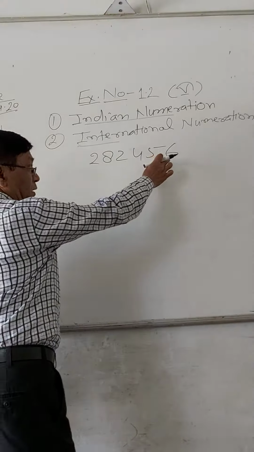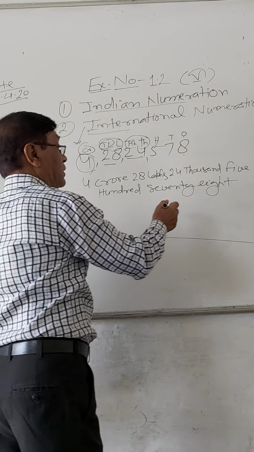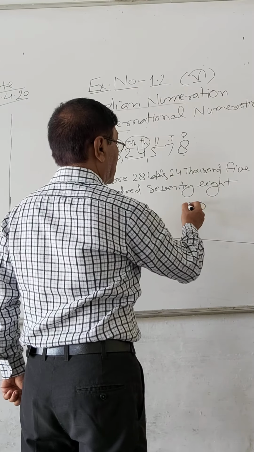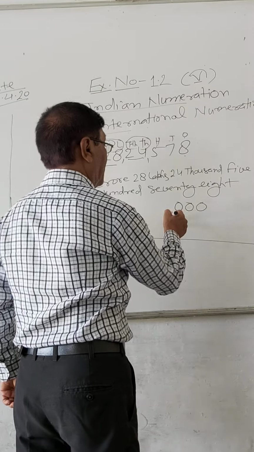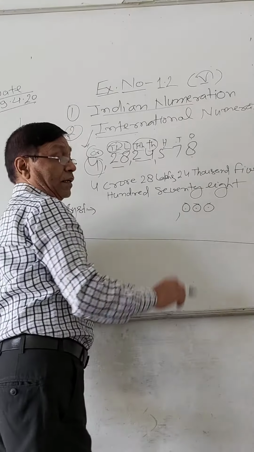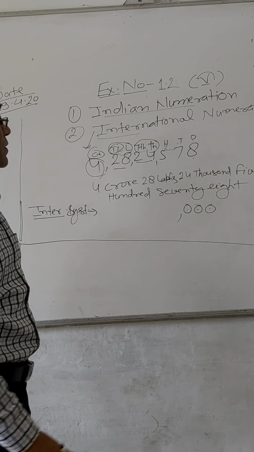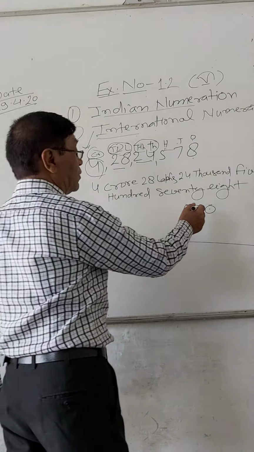So we will see how, in the international system, what the different periods are. Here also the first three places come: ones, tens and hundred, the same way as in the Indian system. So this is the ones place, this is the tens place, this is the hundred place.